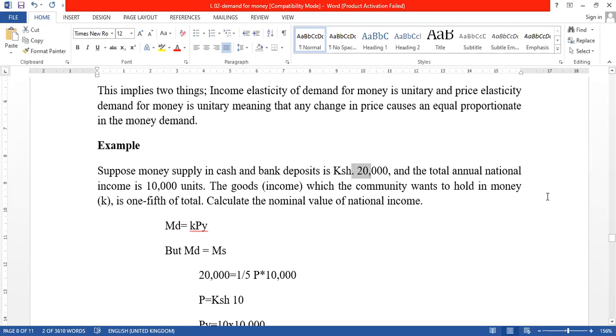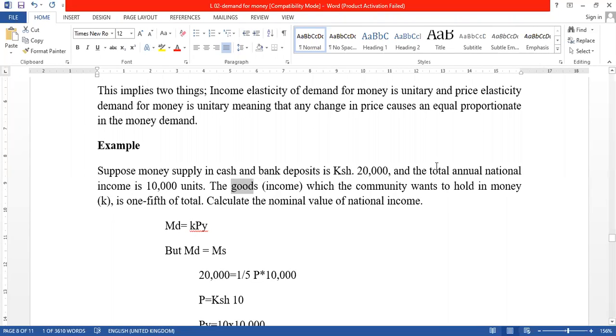The proportion of income which the community wants to hold in money, that is cash, is 1/5 of the total. Calculate the nominal value of national income.